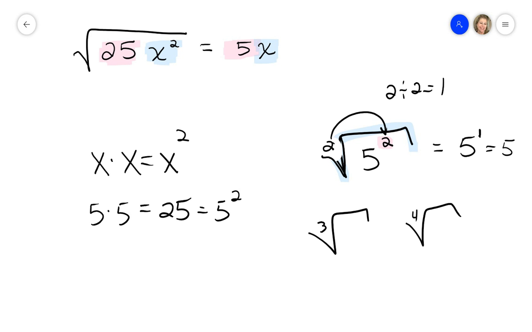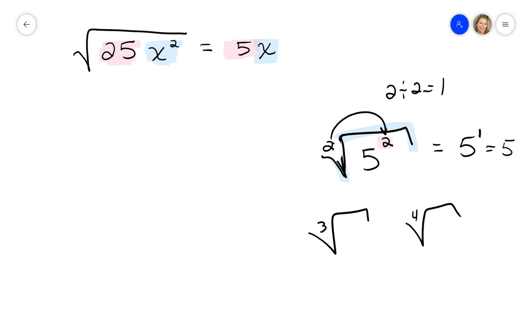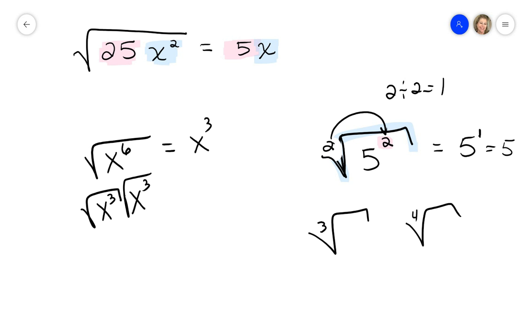So that's kind of a shortcut, the division, because if I have something higher, like let's say the square root of x to the 6th, 6 divided by 2 is 3. This is going to be x cubed. But that's because x to the 6th is an x cubed times an x cubed. Or the square root of an x cubed that got squared.